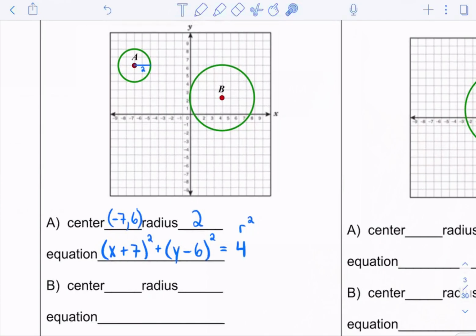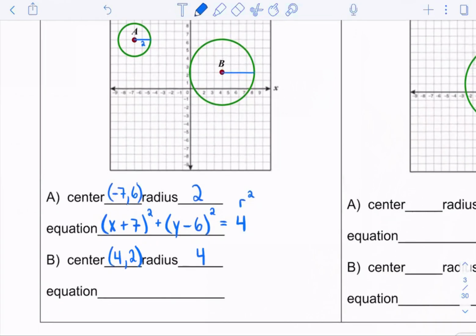Thanks. So here, let's look at this next circle. The center is a +4, +2, and the radius is 1, 2, 3, 4. Okay. So with the center of 4, 2, and a radius of 4. Let's do that skeleton that Miss Murphy was talking about.